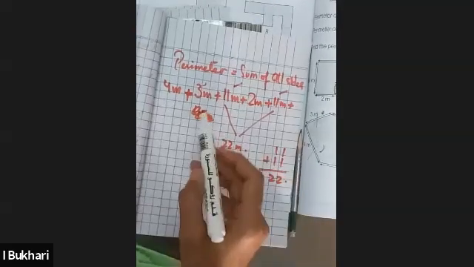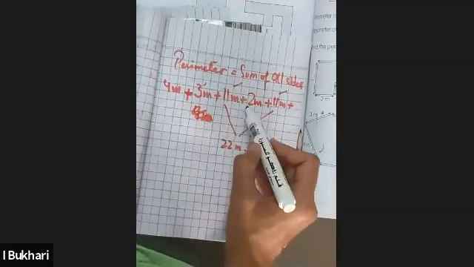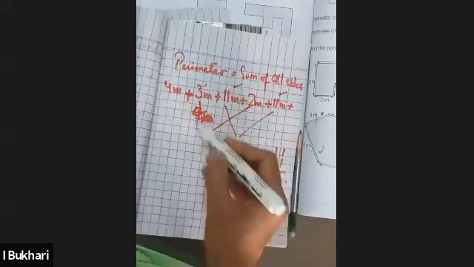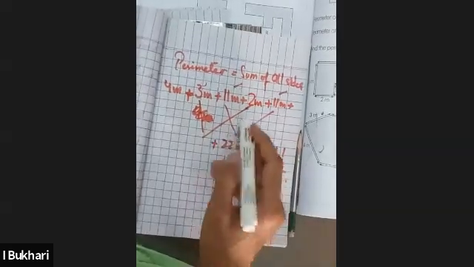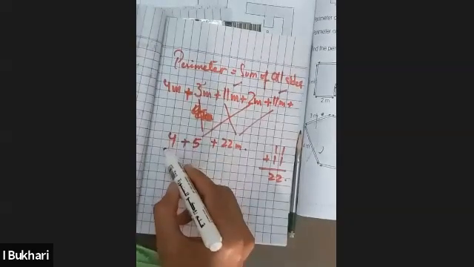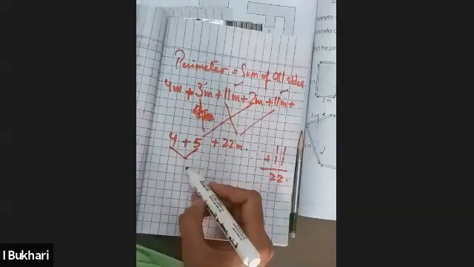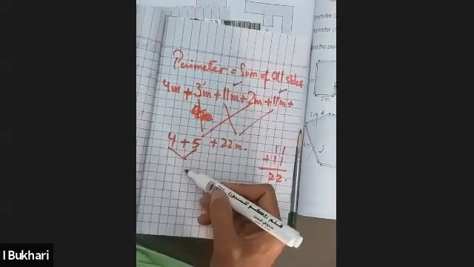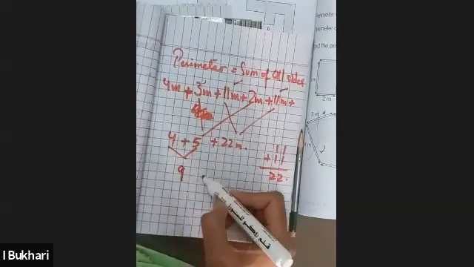Okay. Then we have 2 plus 3. 2 and 3 is? 5. Plus 4. 4 plus 5 is? 9.